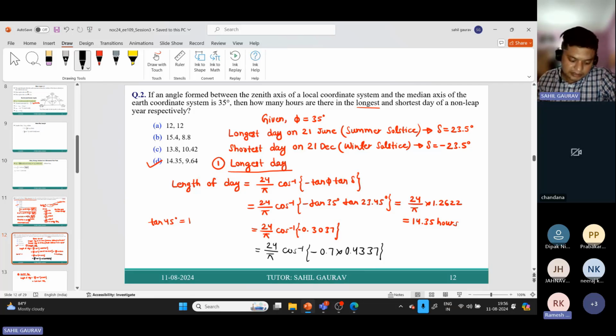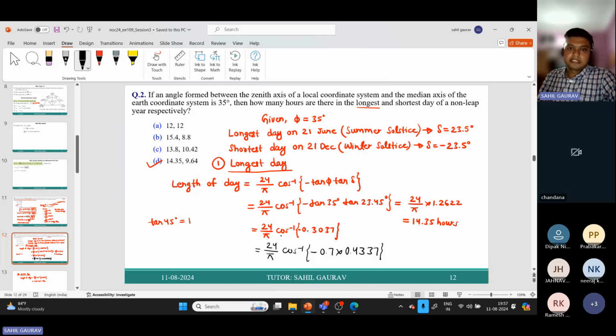You are making a mistake somewhere. Tan 35 will come as 0.7, and tan 23.45 is 0.4347. Upon multiplication, you will get 0.3037.